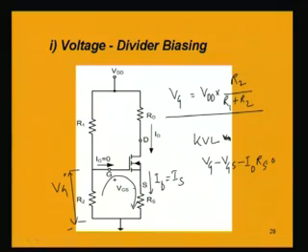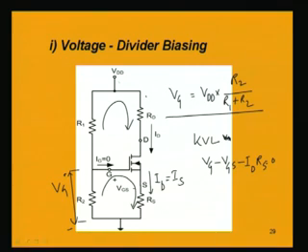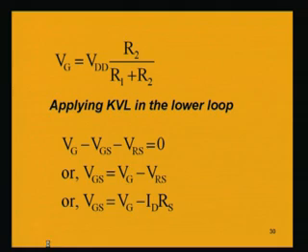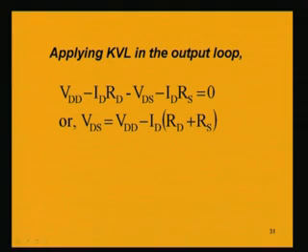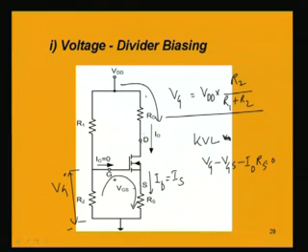Again, if we apply Kirchhoff's voltage law in the upper loop, going the outer way, not this loop, we get VDD minus IDRD minus VDS minus IDRS equal to 0, because the voltage across the resistance Rs is nothing but IDRS and the voltage across RD is nothing but IDRD.